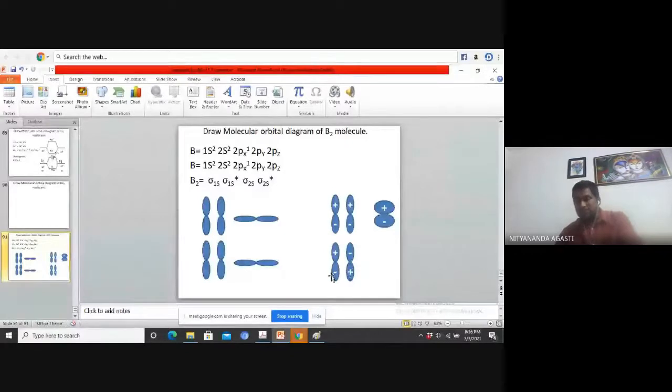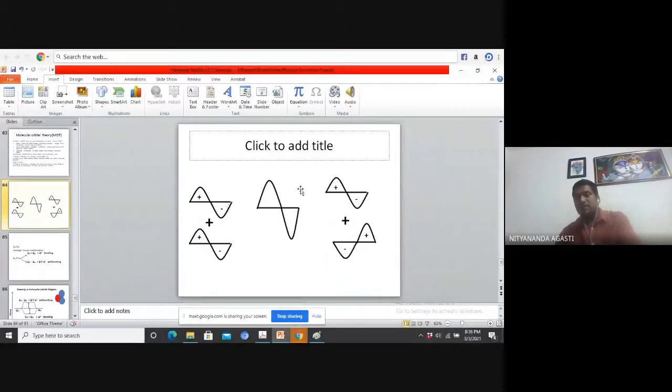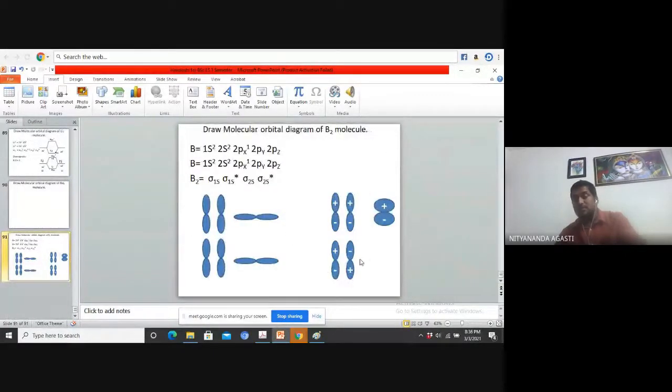So that will give you a bonding molecular orbital. Look at this. I'll take you back here. We have seen like this: plus minus, but minus plus. Right? So that gives you an anti-bonding molecular orbital. So in this case, how are you going to get it? Just allow me some time, please.